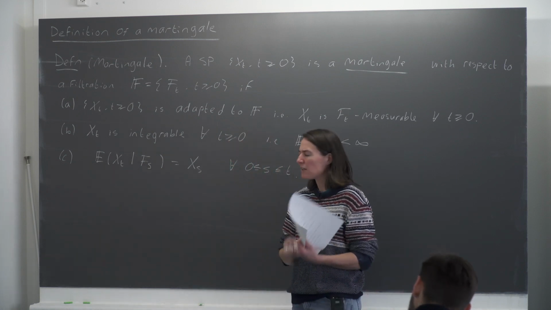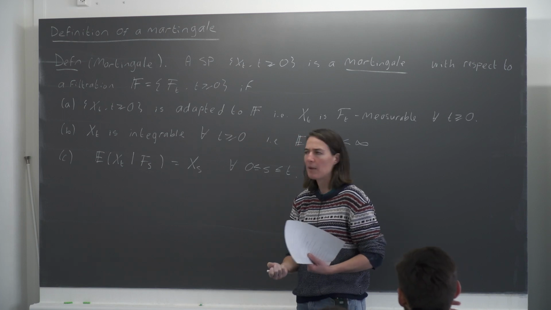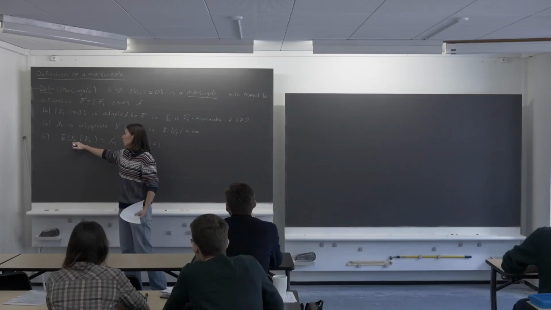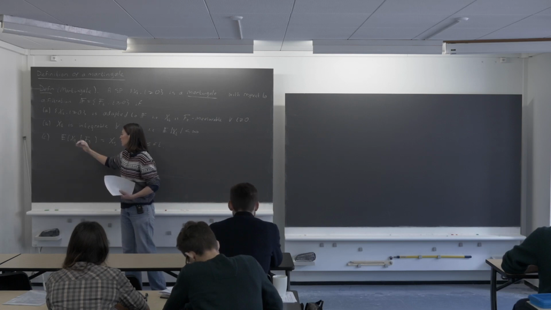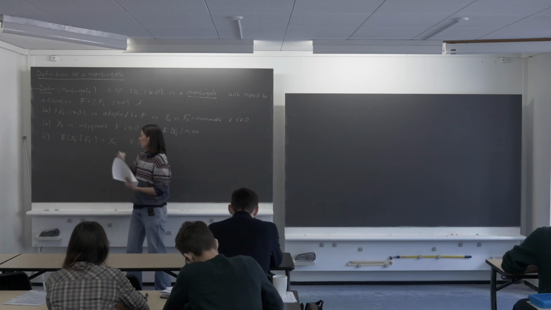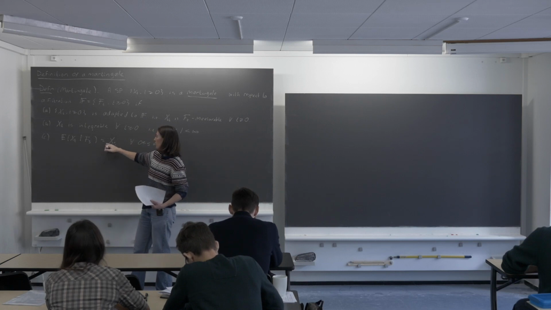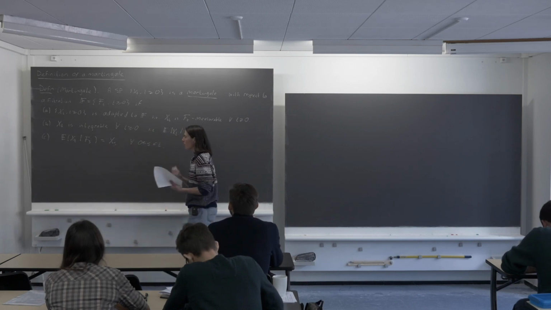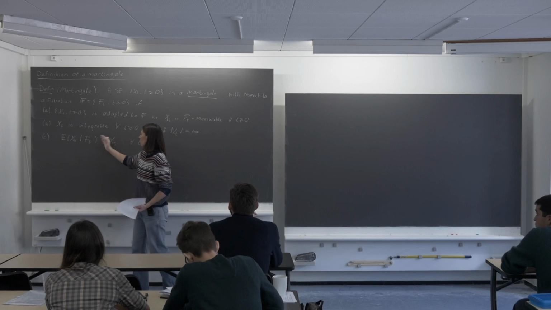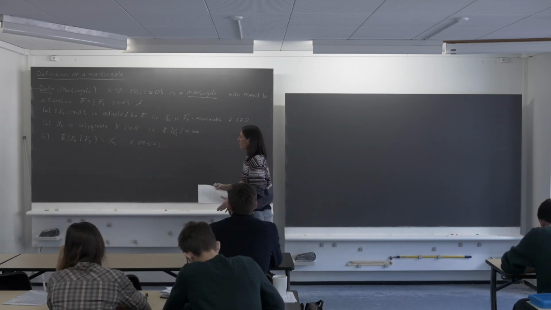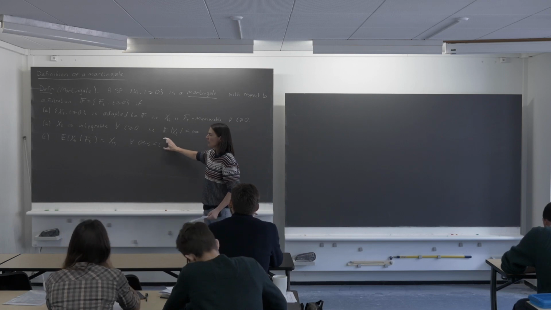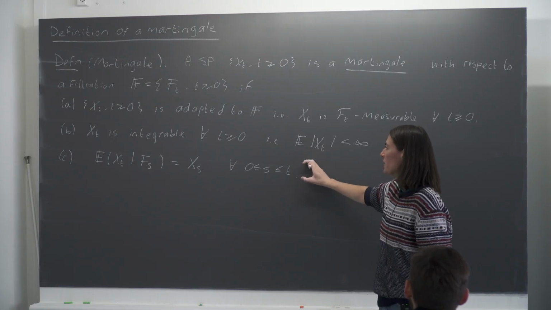It embodies what it means to be playing a fair game. If you're playing a fair game, you shouldn't expect to make or lose money. Your expected future profits should be the same as the amount of money you've got now. Otherwise, it's not a fair game. If it's greater or less than, then the game is biased one way or the other. So this is the important condition that really captures what it means to be a martingale.